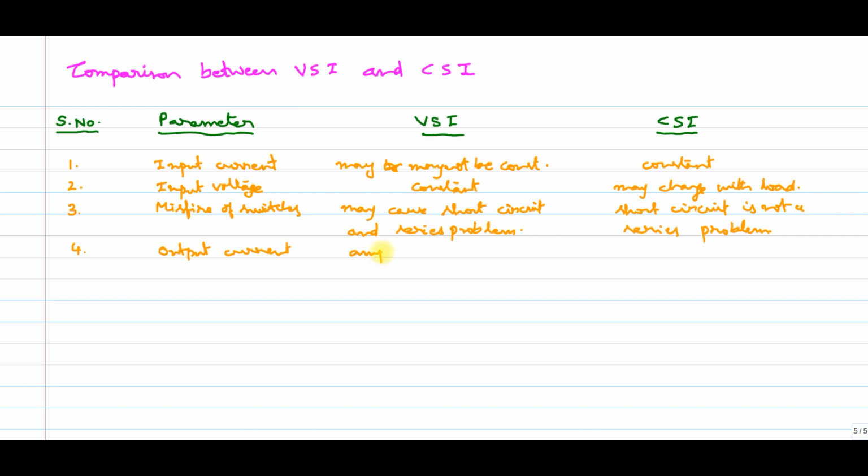Both amplitude and shape, or waveform, depend upon load. Coming to the current source inverter, the amplitude is independent of load because the current is kept constant here.